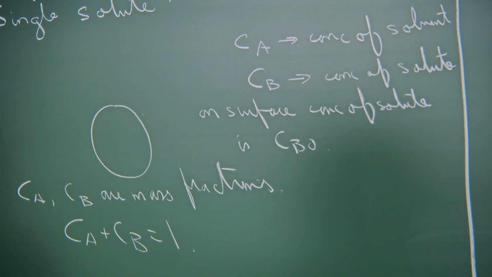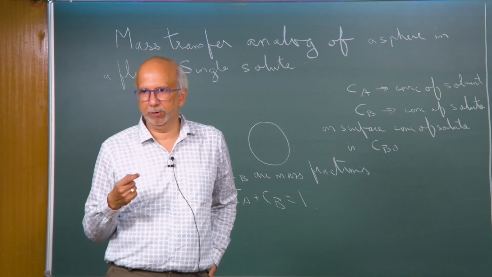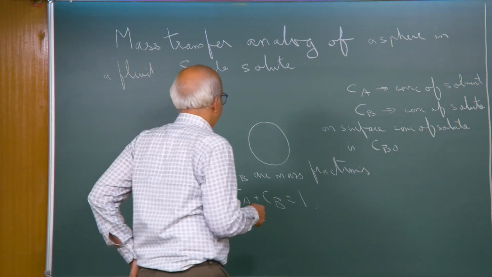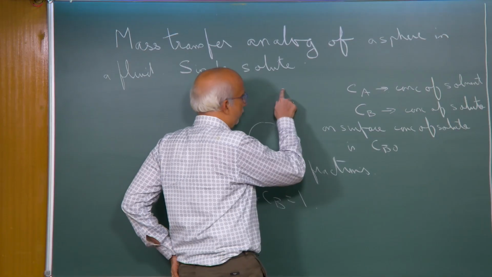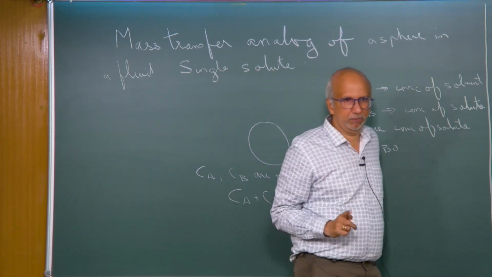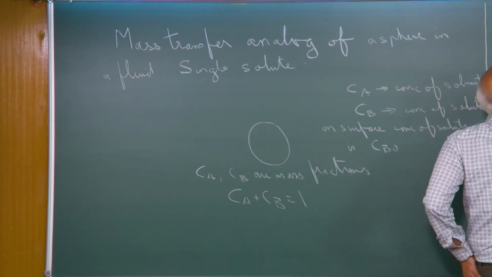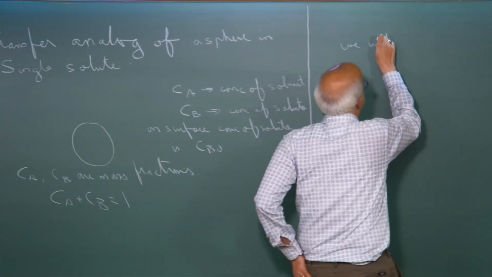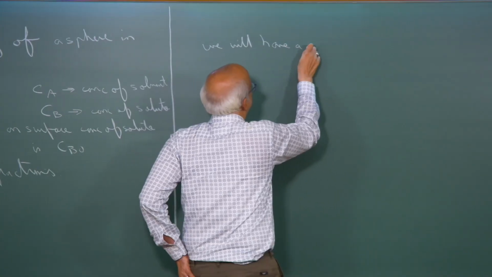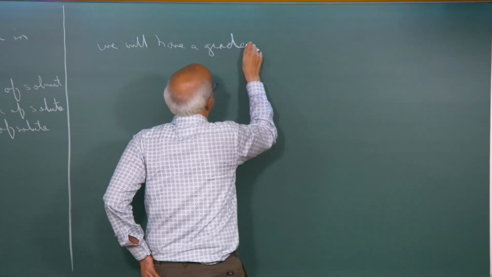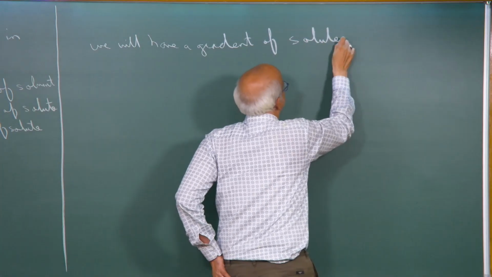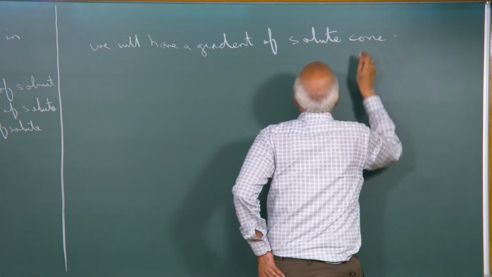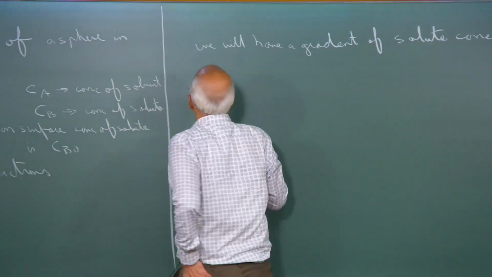And when you have B dissolving, let us say from the surface to the liquid, there is going to be a gradient of the solute concentration.